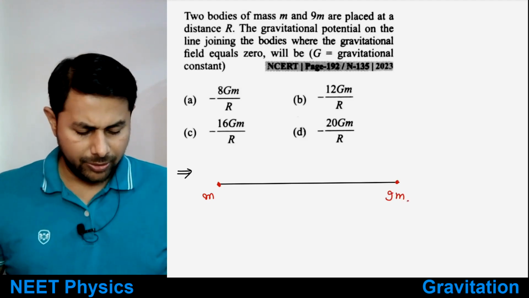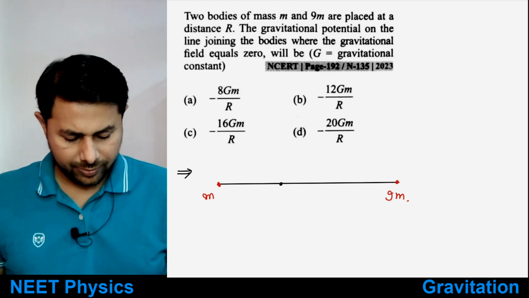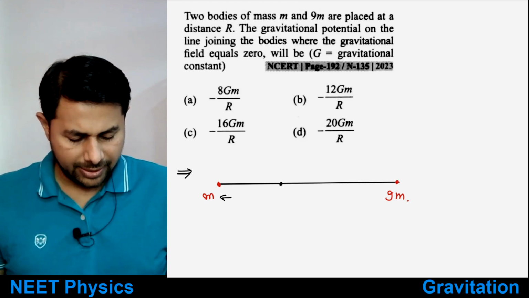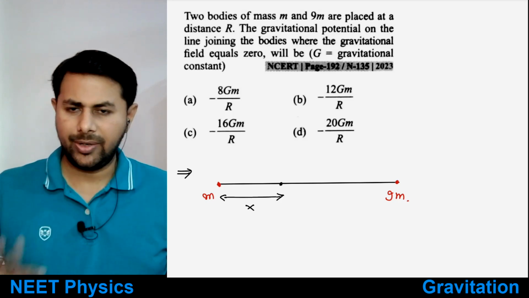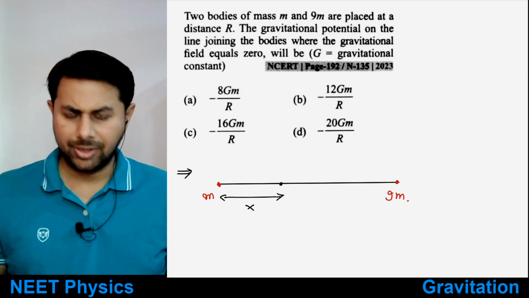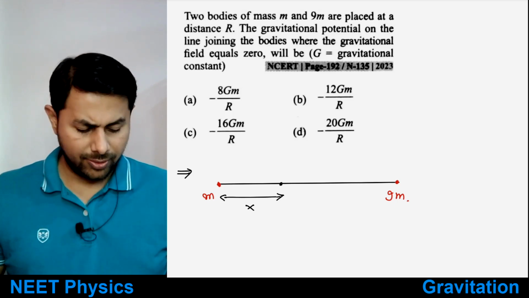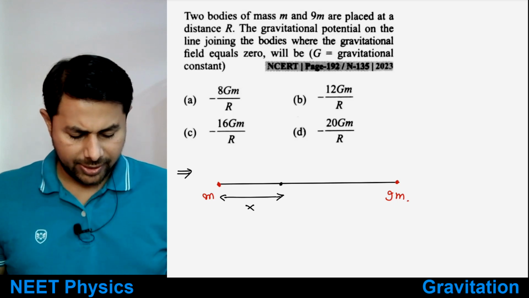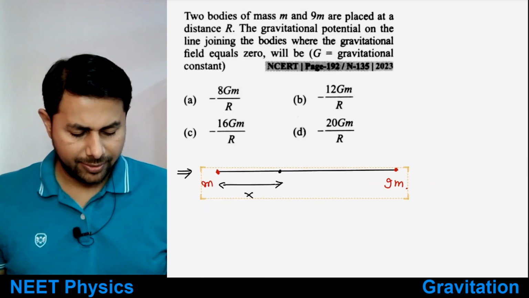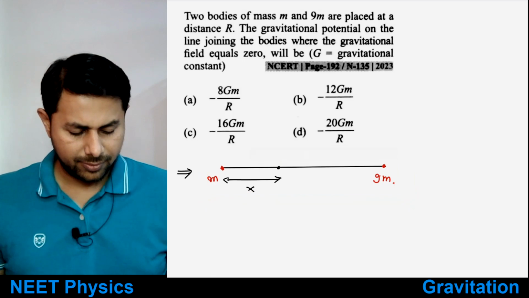So suppose this is some point P, it is at some distance, let's say x, where the field becomes 0. Okay, gravitational field becomes 0. So then what will be that distance? How can we find it? Tell me.